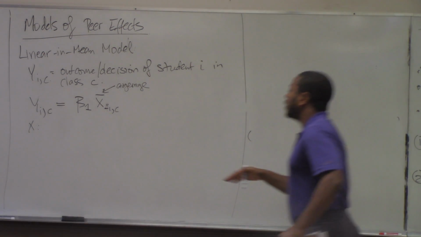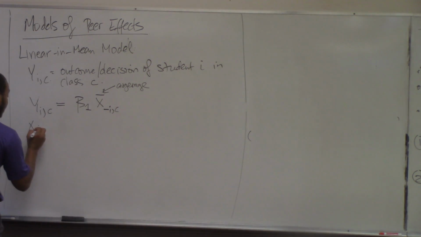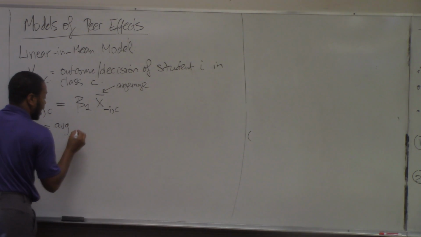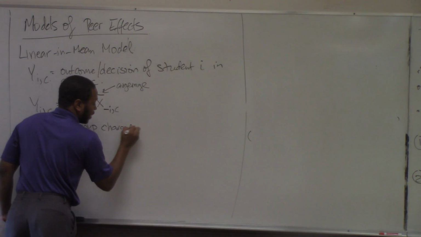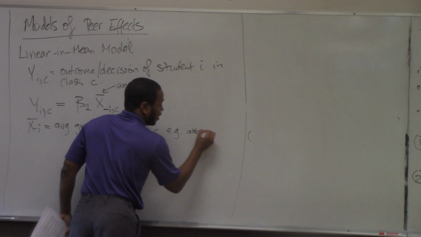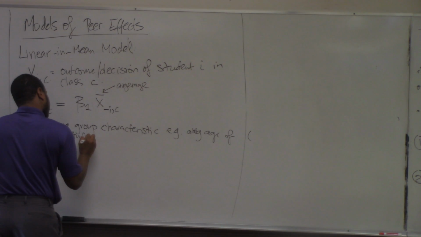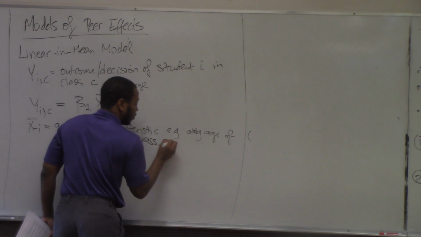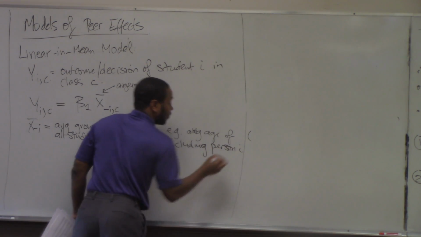Okay? We saw this a bit in game theory. So this is x minus i. So x bar minus i is going to be the average group characteristic, for example the average age of all students in the class, excluding person i.